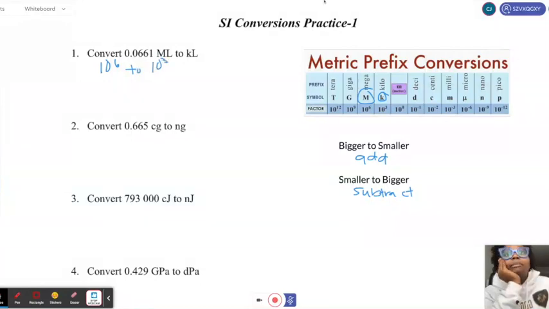That means we're going from a bigger unit to a smaller unit, so we are going to add our factors. Our factors here are 6 and 3, so 6 plus 3 gives us a factor of 9, meaning we will now do 0.0661 times 10 to the 9th.